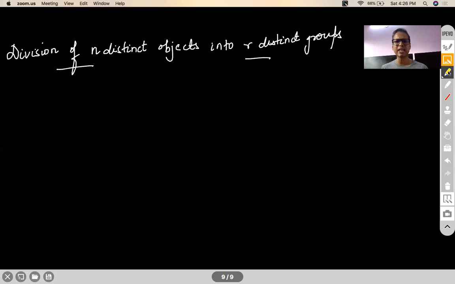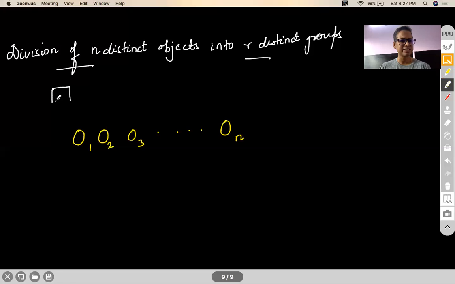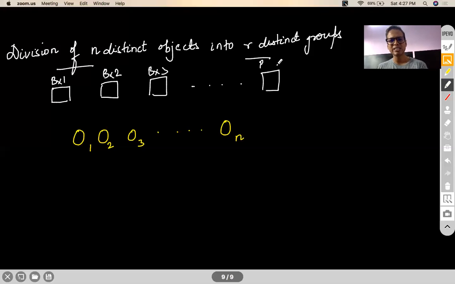So let me take a scenario for the same. Let's say you have O1, O2, O3 as n distinct objects, and let's say there are R boxes, box 1, box 2, box 3, till box R. As you can see here, these boxes are all named, hence they are distinct boxes.